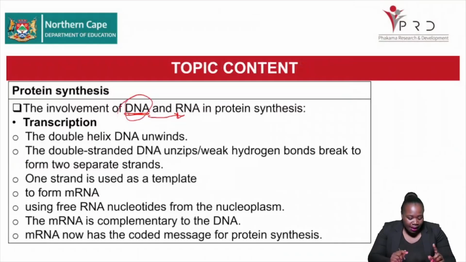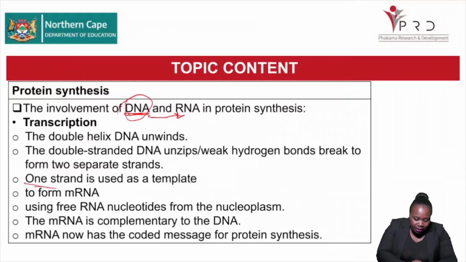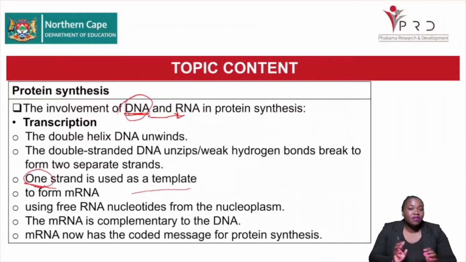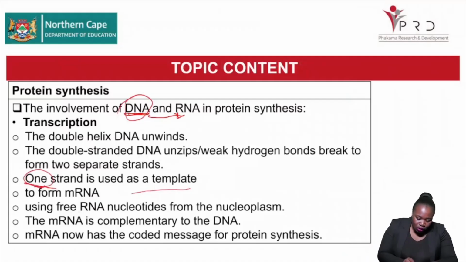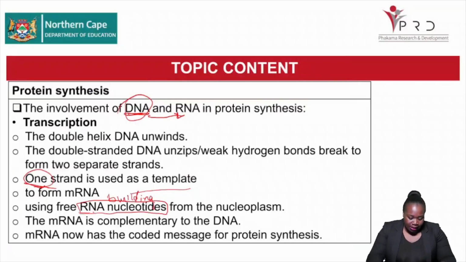Now, remember, not both of these strands, but only one of these strands is going to serve as a template for the formation of mRNA, and this uses the free RNA nucleotides. Remember, these nucleotides are the building blocks of both DNA and RNA. So the RNA nucleotides would be the building blocks of RNA or mRNA.